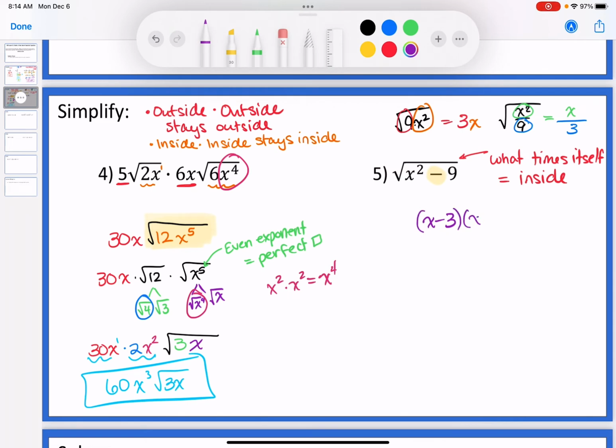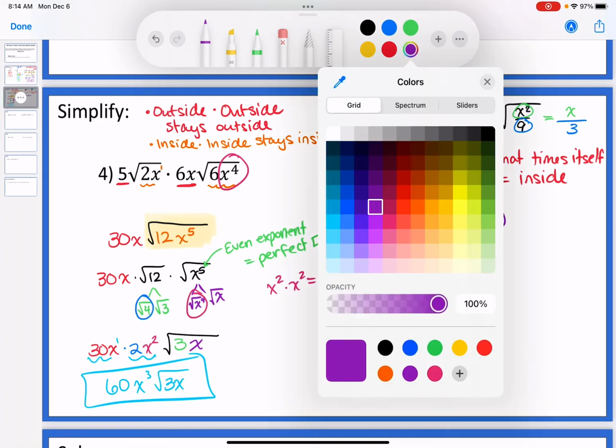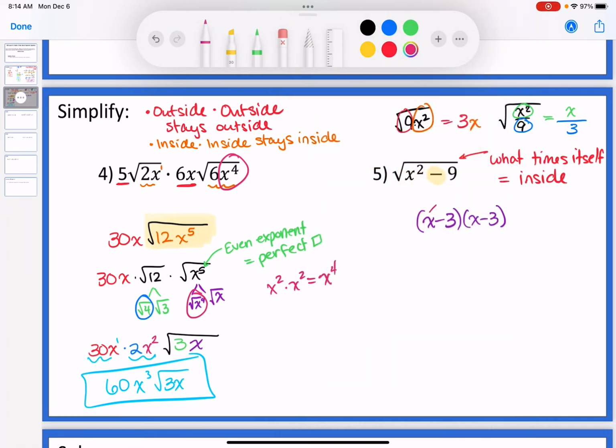Well, x minus 3 times x minus 3, remember, this isn't just x squared, x times x and 3 times 3. This is FOIL. I have to remember that I would have to distribute here, right? I'd get x squared minus 3x, minus 3x plus 9, which would be x squared minus 6x plus 9. That's not it, right? Look at this.